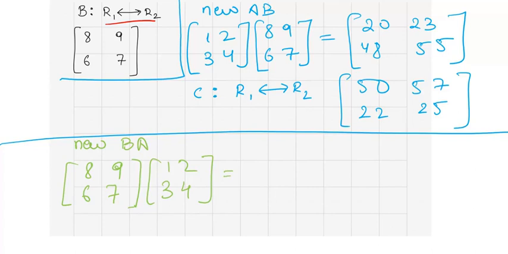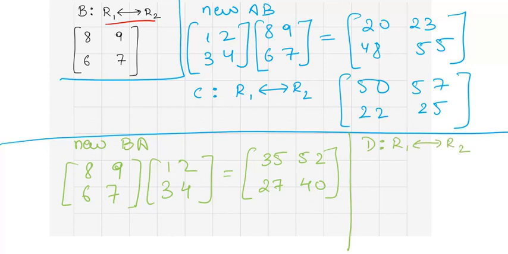This turns out to be 35 52 27 40, and when we apply the same row transformation to D, interchanging R1 and R2, we get 35 52 27 40.